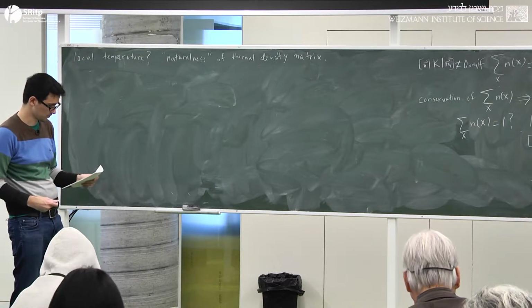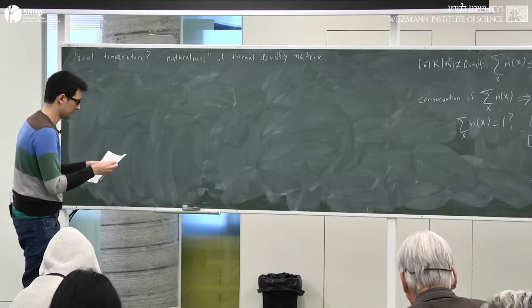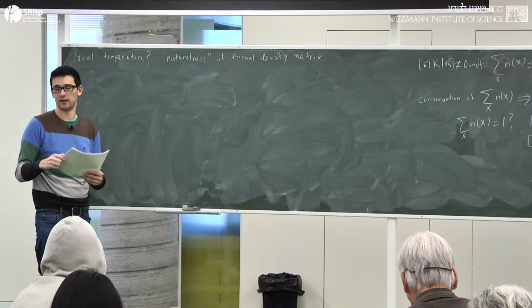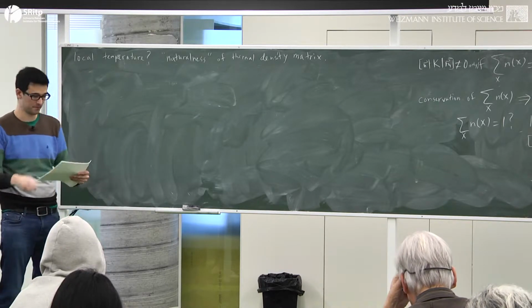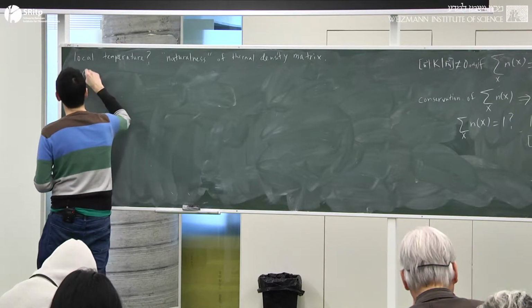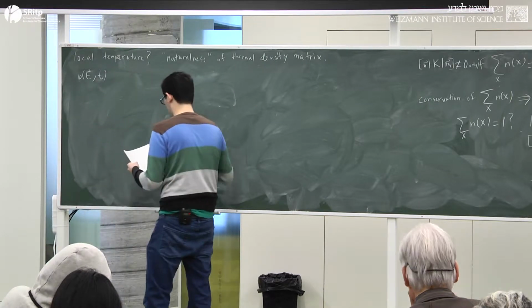All right. Let me start with a broader claim, and then I'll partially justify it for you in a simple limit. I claim that the following kinds of distributions are very natural.